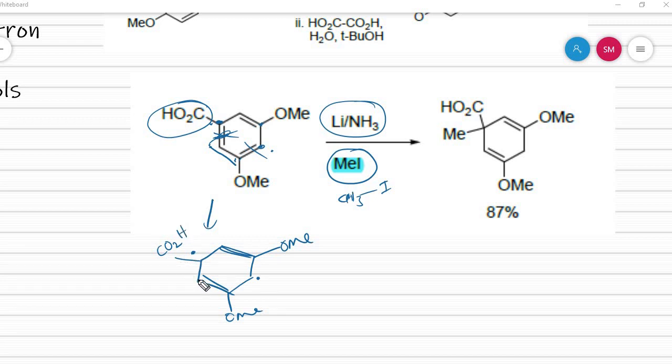As this is a withdrawing group, this favors the anion generation. So it is going to form an anion.